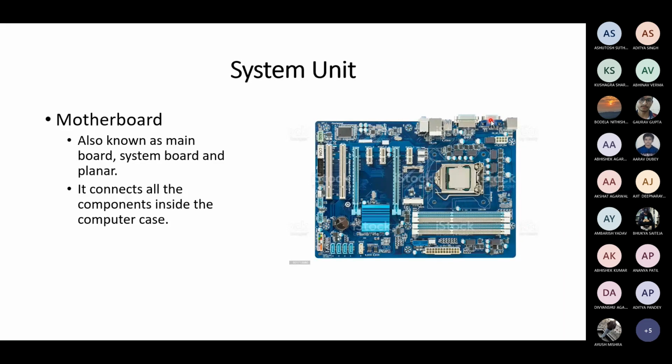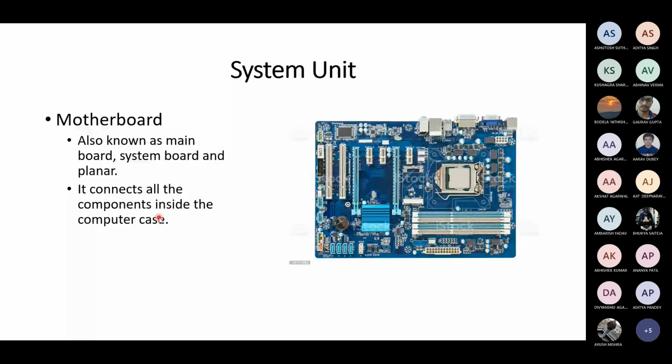You got a LAN port here. You can connect LAN or USB ports. I think this is the LAN port and this is the USB port. All the components will be connected to the motherboard. So the motherboard connects all the components inside the computer case.